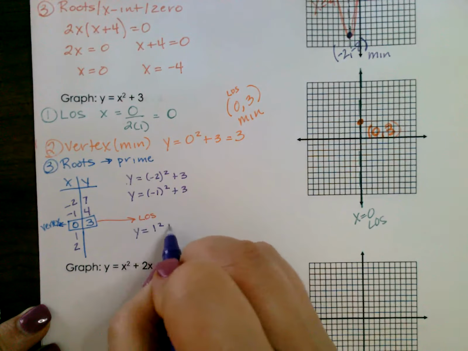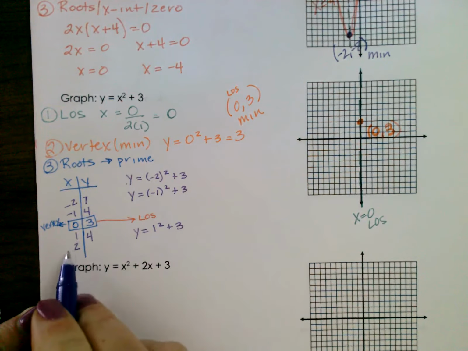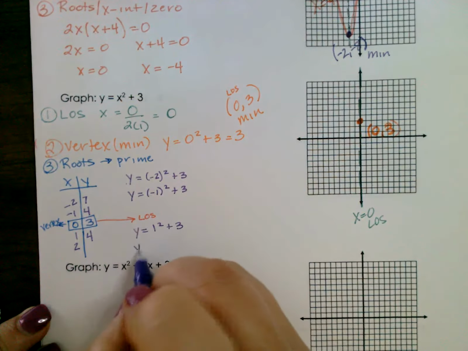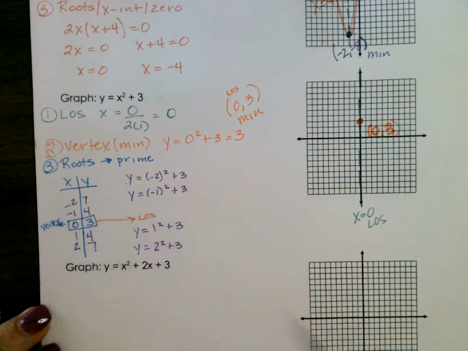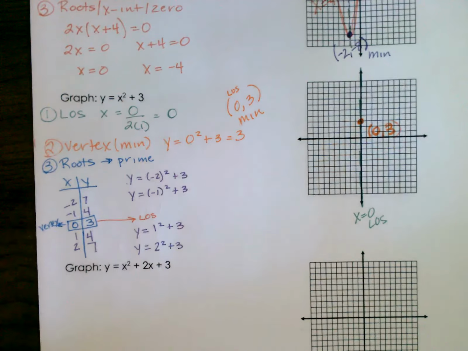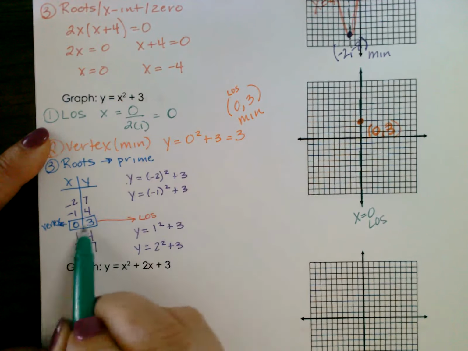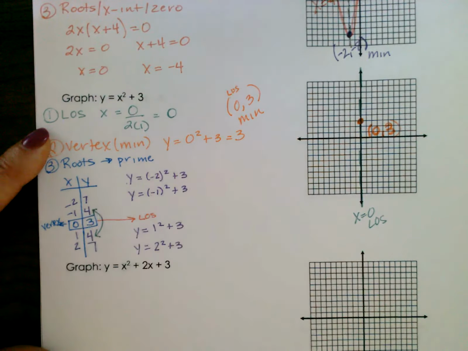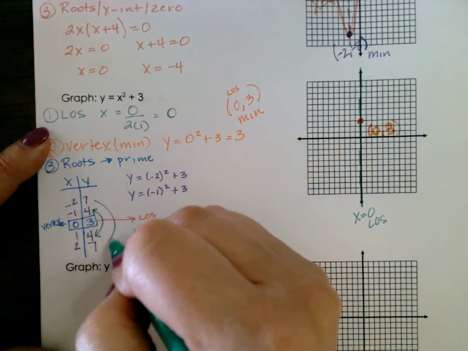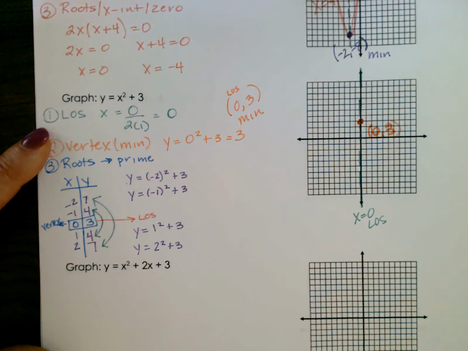So 1 squared plus 3. Oh, that's 4. Put 2 in for x, y equals 2 squared plus 3. Oh, that is 7. Notice even on our table, around the center of the parabola, our numbers are mirroring. Well, perfect. That will make graphing it okay.